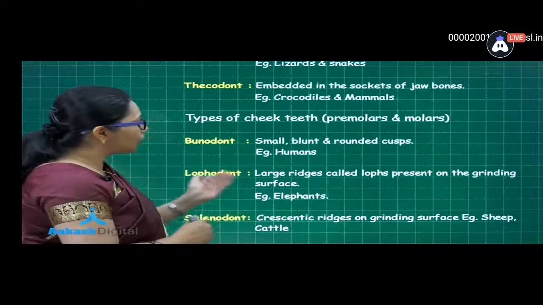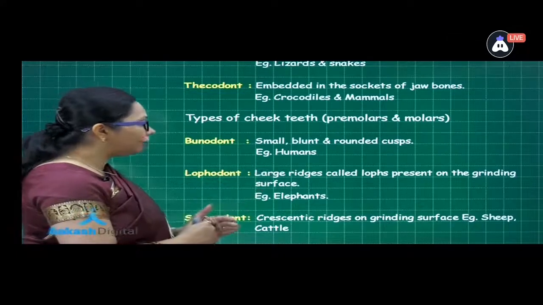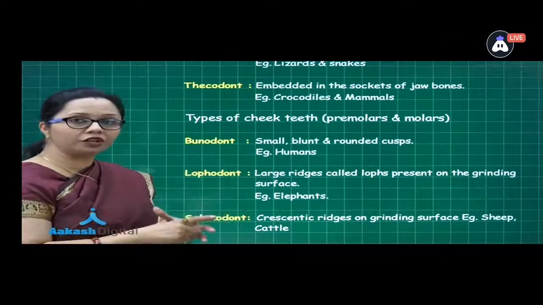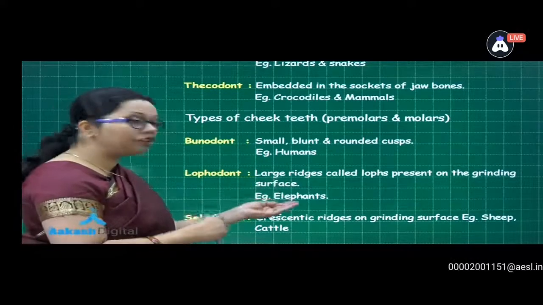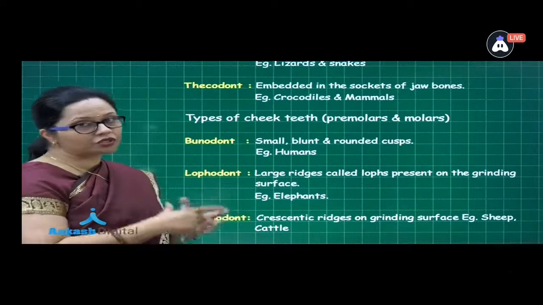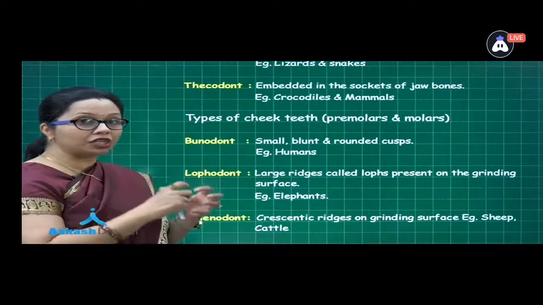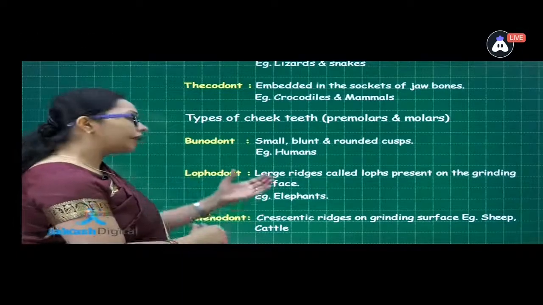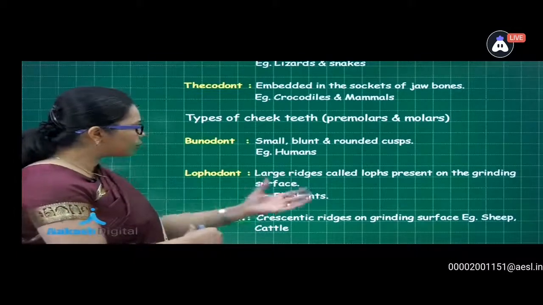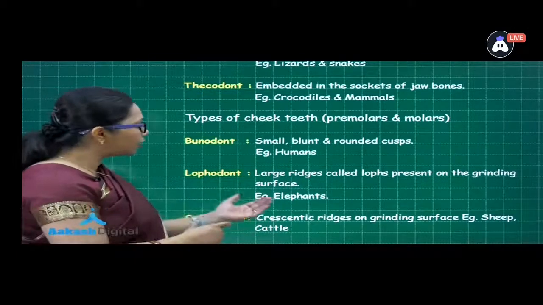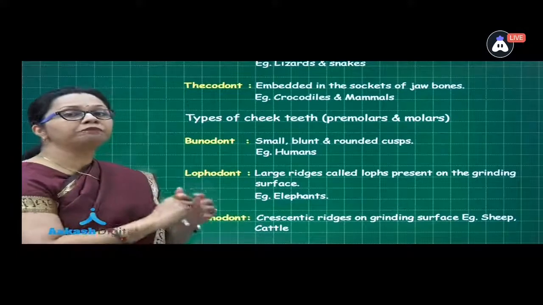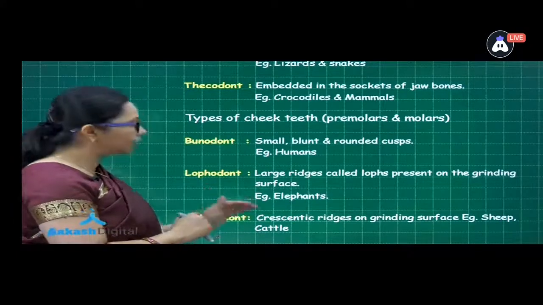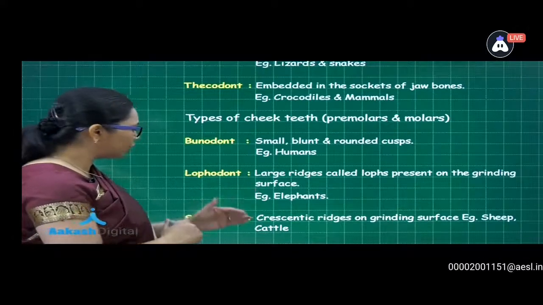Coming to lophodont, these are found in elephants, where quite large ridges are present on the grinding surface, because elephants chew branches from the trees, and for that such a strong grinding surface is required. The selenodont is present in other herbivores like sheep, cattle and horses, where half moon shaped ridges are present, and such teeth are called selenodont.